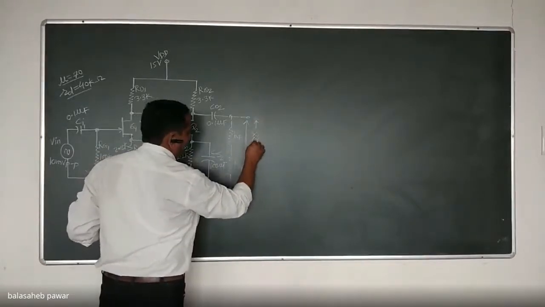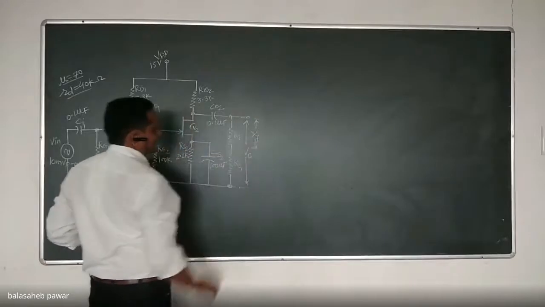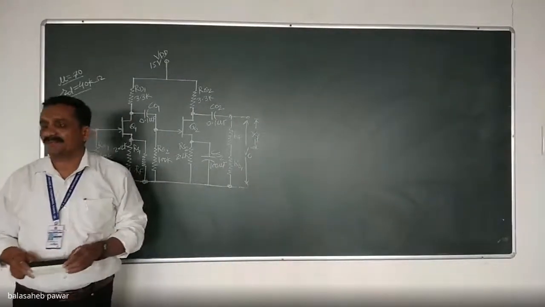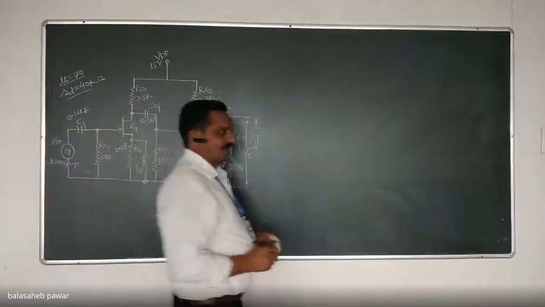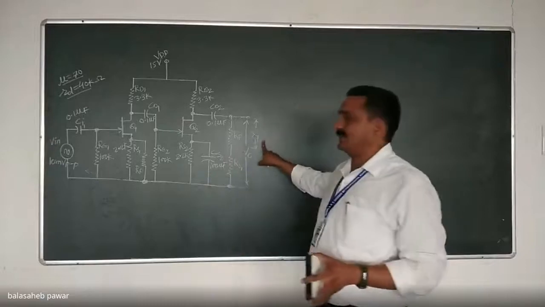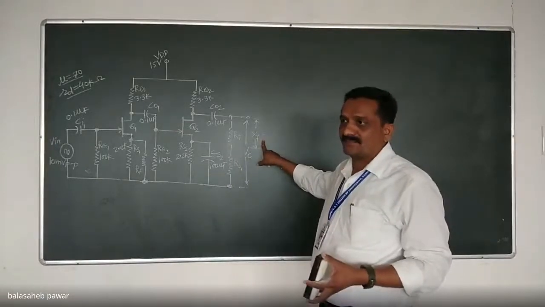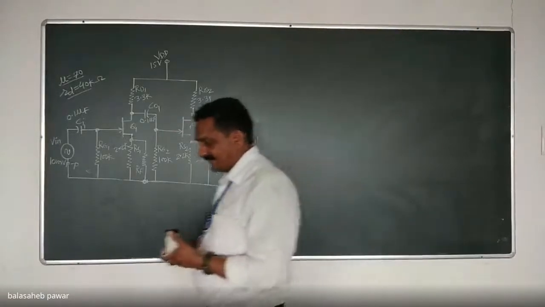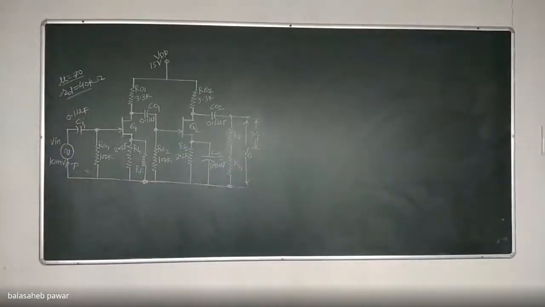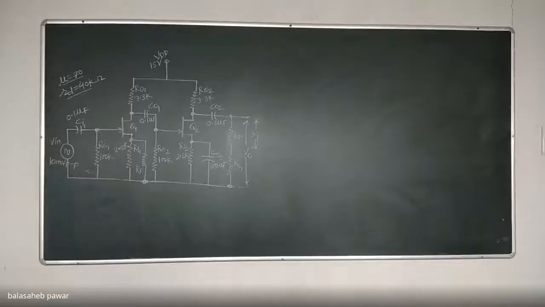Now you have to indicate what will be the XF. XF is nothing but what? As we finalized the topology, that is voltage series feedback amplifier, XF will be IF or VF. It is voltage series feedback amplifier. So XF is IF or VF? VF. Yes, it will be VF.